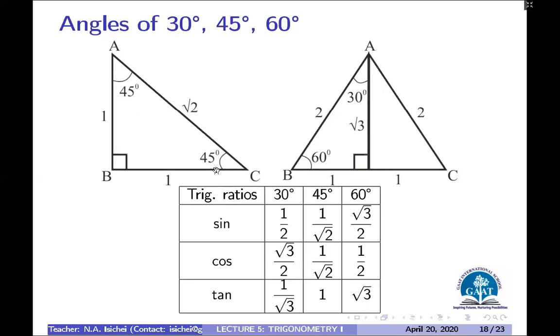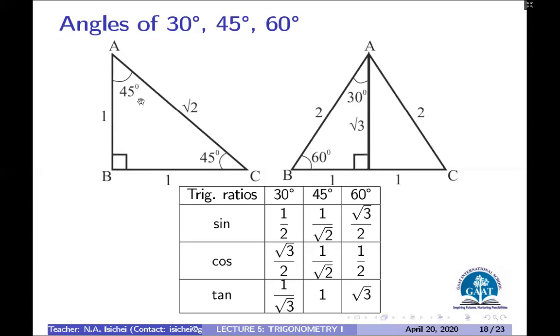Cos 45, we're still looking at this 45 degrees as our reference angle. So this one over here is adjacent, while the root 2 remains the hypotenuse. So cos 45 degrees is adjacent over hypotenuse, that is also 1 over root 2. So you observe that sin 45 is equal to cos 45.